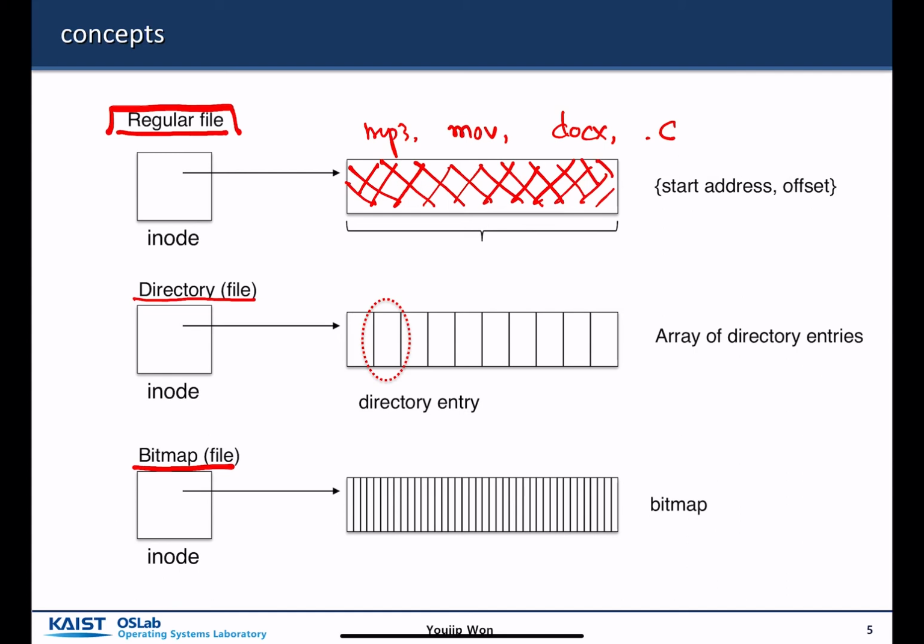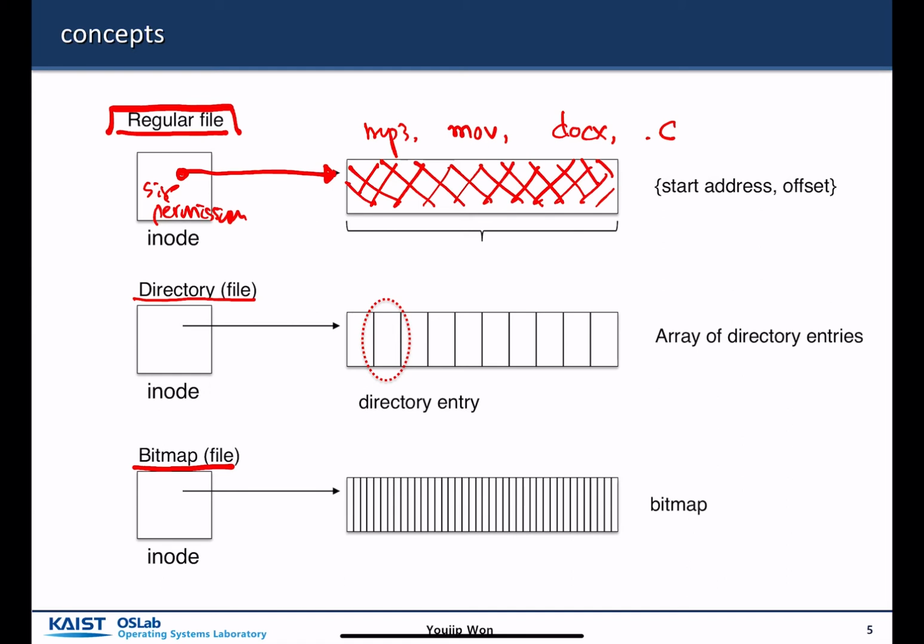However, every file has its associated inode. And the inode contains, as I told you before, a size, a permission, and a pointer to the data blocks which it holds. Okay? So this is how a regular file is represented.